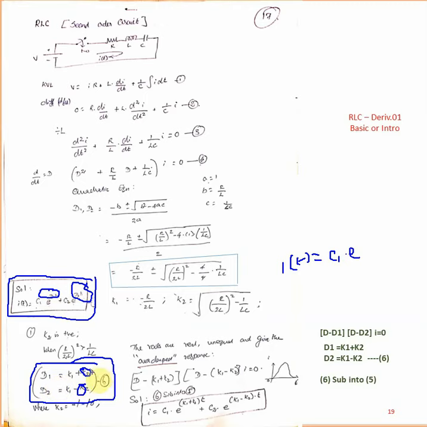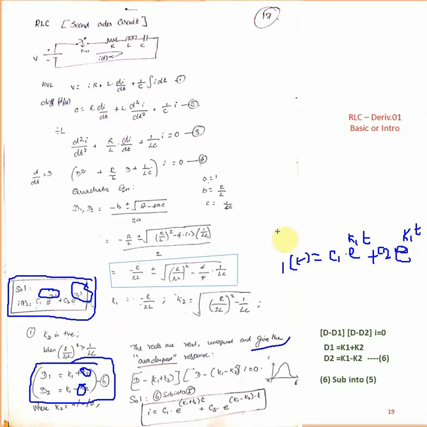So k1 only, k1 dot t, plus c2 dot e power d2 t. What is d2? d2 is equal to k1 minus k2, and k2 is 0. Why 0? Because for critical resistance k2 is equal to 0, so k1 only. That's all. This is the equation.